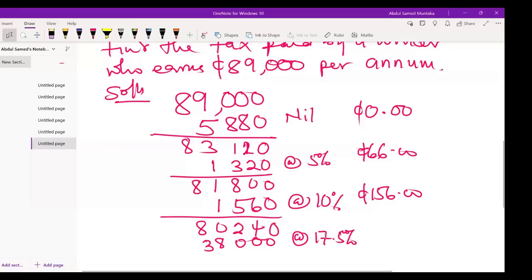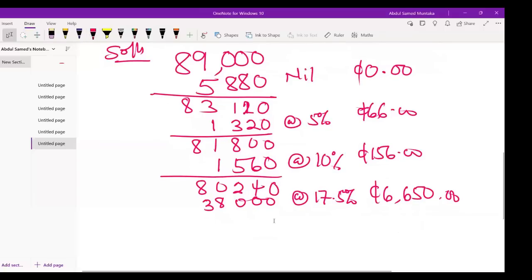We calculated that already, and we got 6,650. Do you remember? Because you have calculated some already, there's no need to continue to suffer to use the calculator. Now we are left with 42,840.